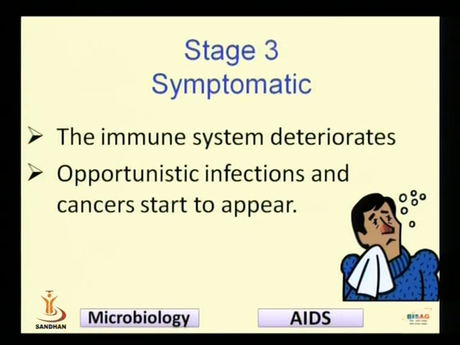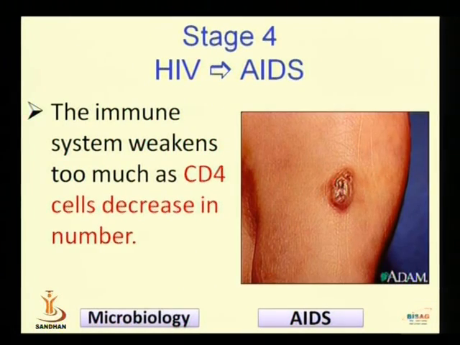Again, we have a third stage, that is symptomatic, whereby after 8 to 10 years the immune system shows deterioration, and infections start to appear. Cancer and other related diseases may also start to appear.